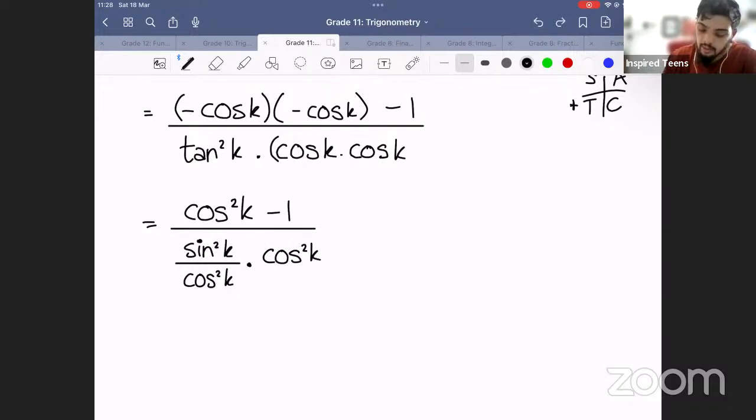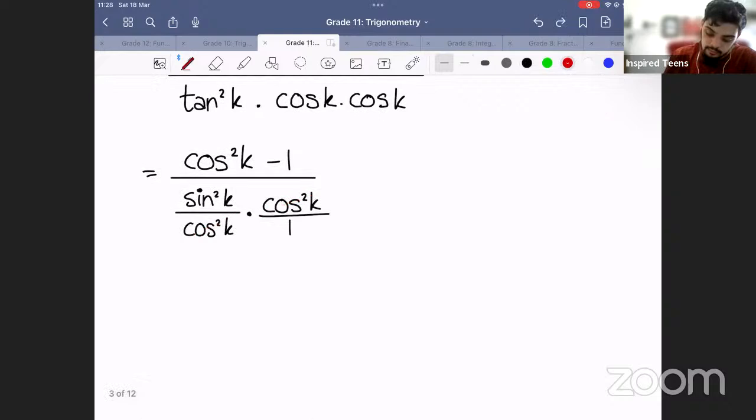Cos k times cos k gives me cos squared k. I can cancel this and cancel that. You see, one's in the numerator, and this is within the denominator. It's like having cos squared k over 1. They cancel. Now I can simplify this: cos squared k minus 1 over sine squared k.